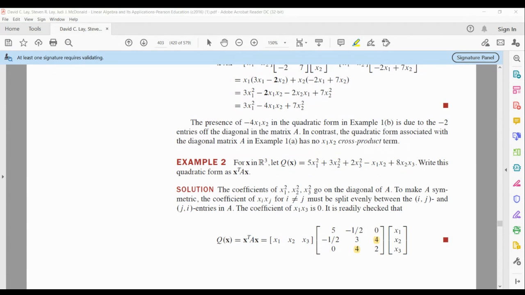Well, there are two of them, but focus on the first one. That 4 is in what row and what column of the matrix A?